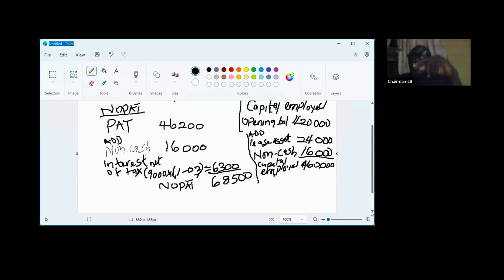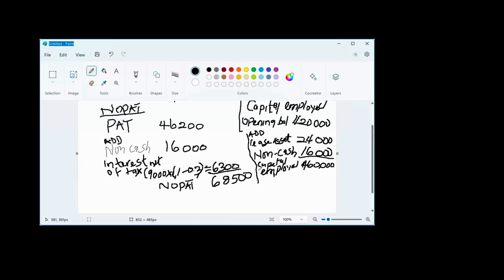That first solution was actually wrong because if I've gotten property from my dad and I've used that property for business, that property is part of the capital I've employed, even though I'm not paying rent. So please, you are going to add back.